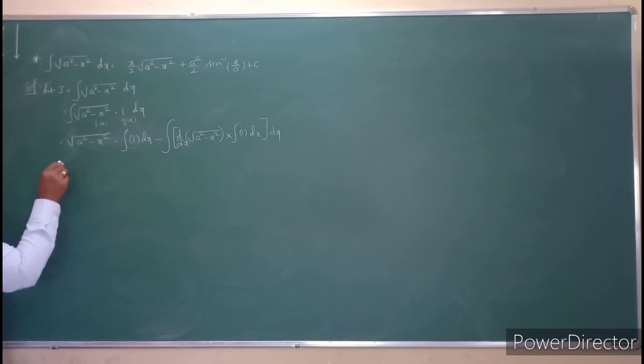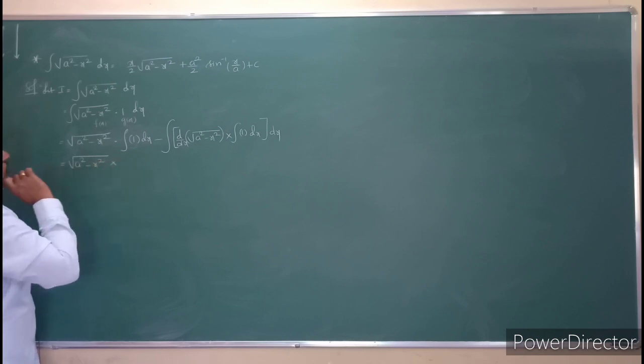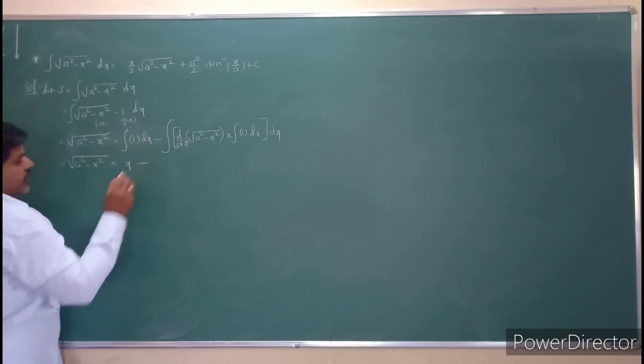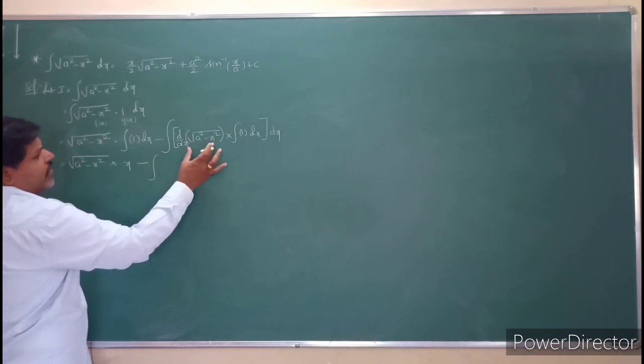So that is equal to root of a square minus x square into integral of 1, which is x, minus integral of the derivative of root x.